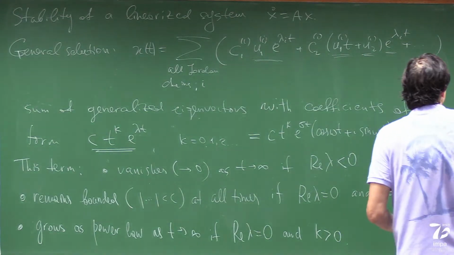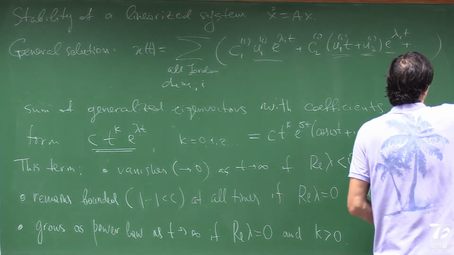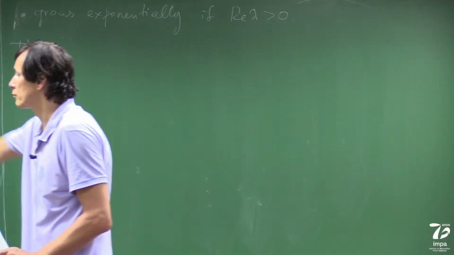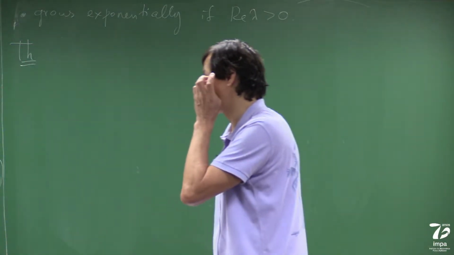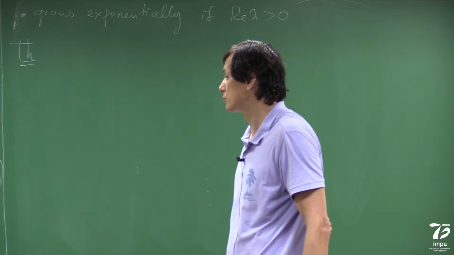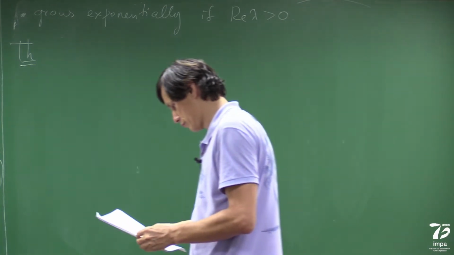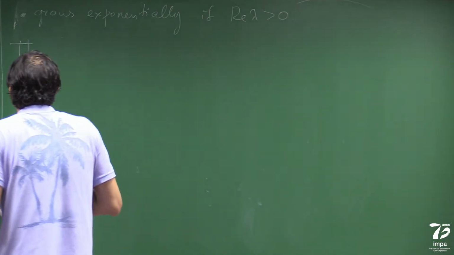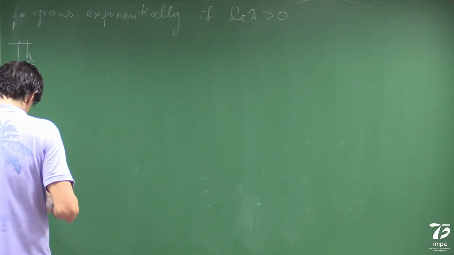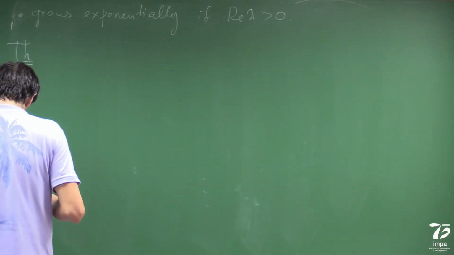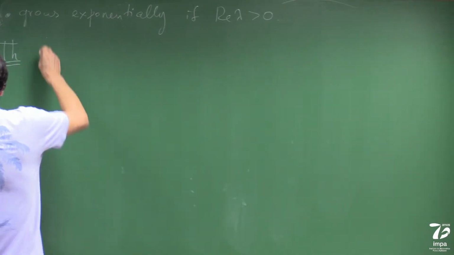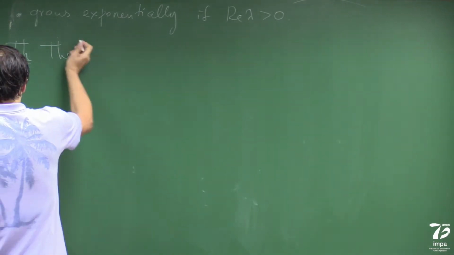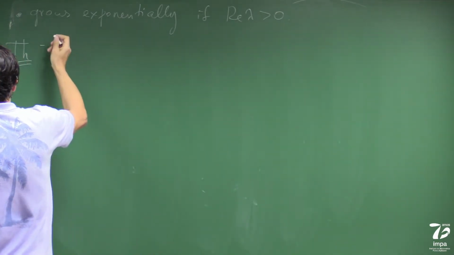Okay, so this in fact gives us a theorem. It's not essentially proved by this argument; for the formal proof you need to do some extra work, and we will not do it. But anyway, we can formulate the theorem, which rather clearly follows from these conditions. The theorem has three points.